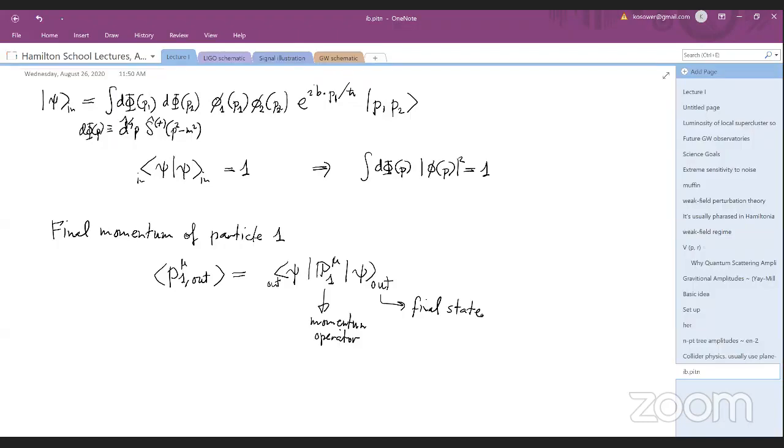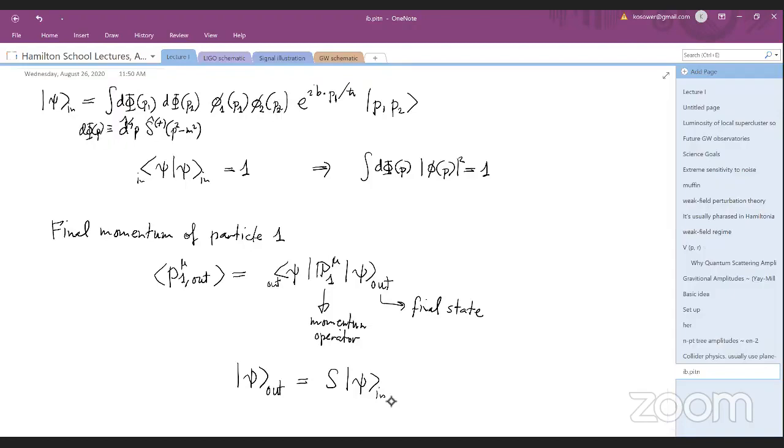And of course, that evolution operator from the far past to the far future is just given by the S matrix. So even if we don't have detailed control over the outstate, the way that we've put in the instate, we can write it in terms of the instate.